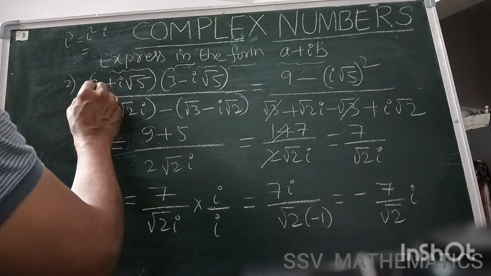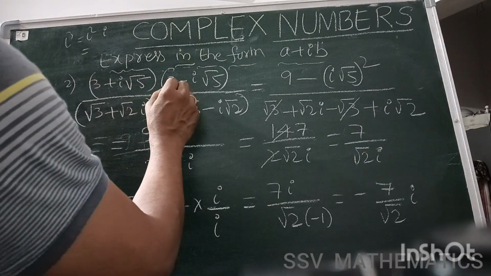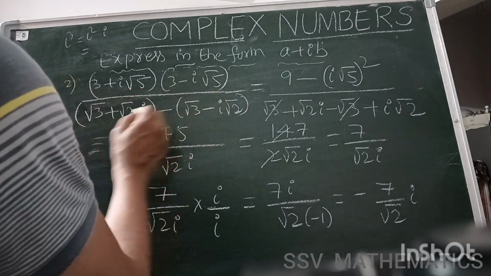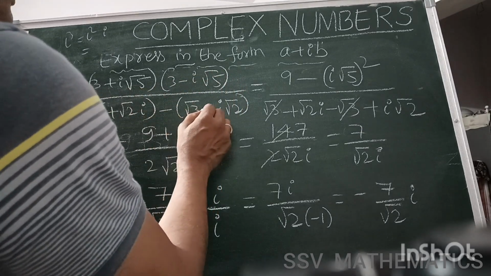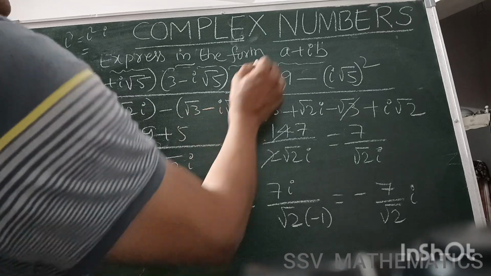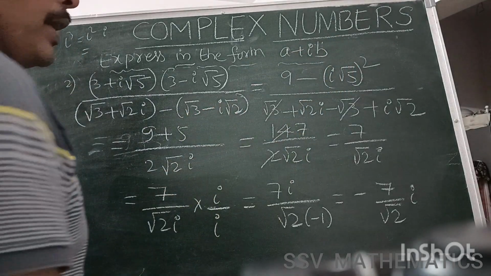Express 3 plus i root 5 into 3 minus i root 5, divided by root 3 plus root 2i minus root 3 minus i root 2, in the form of a plus bi.